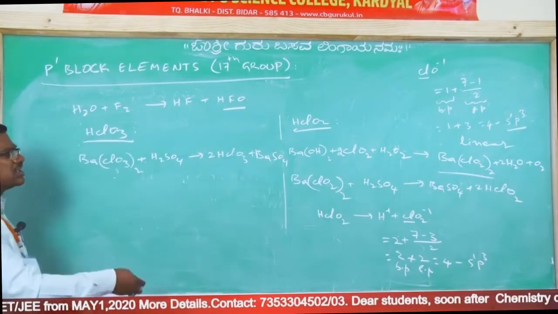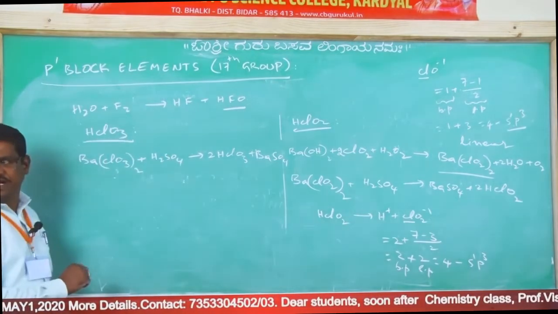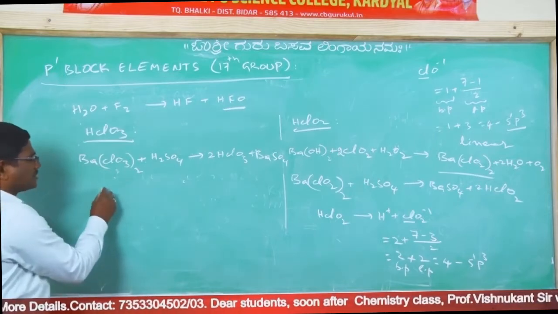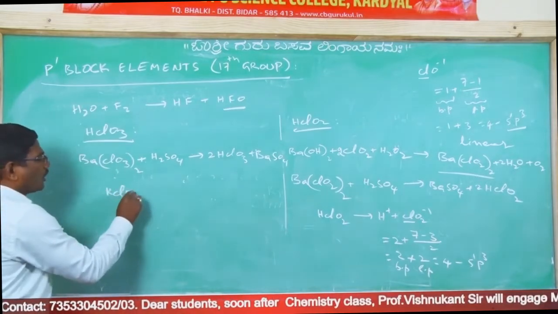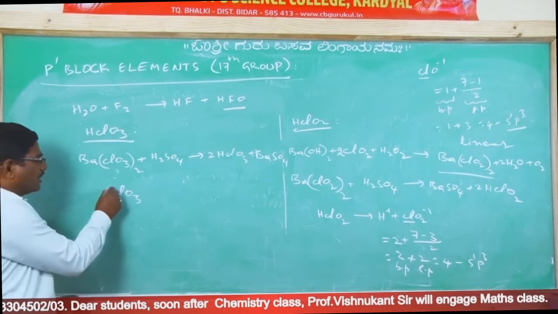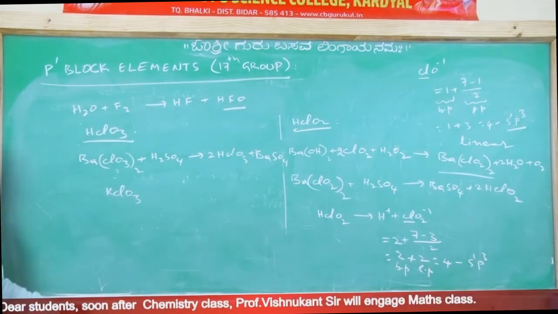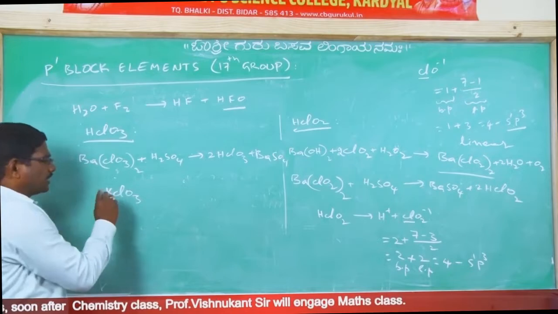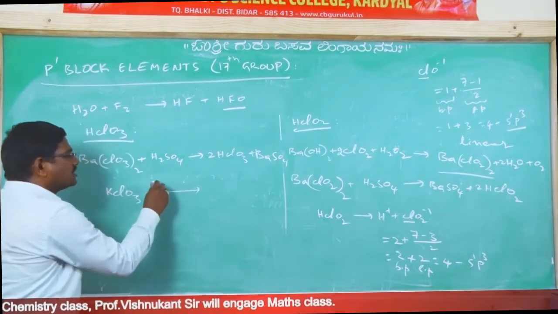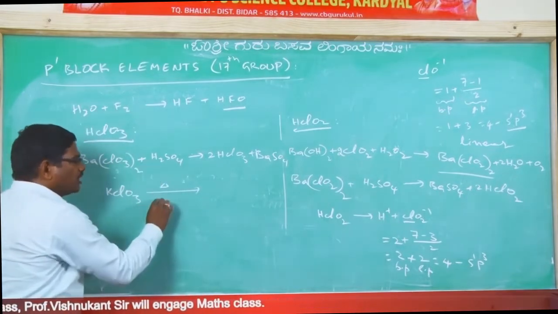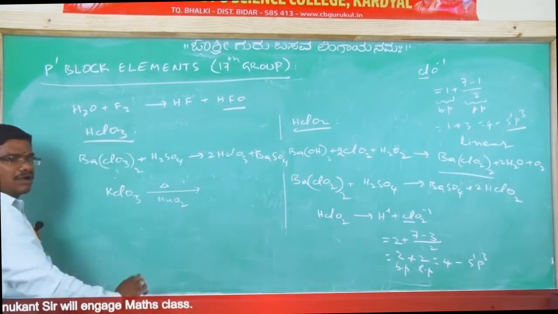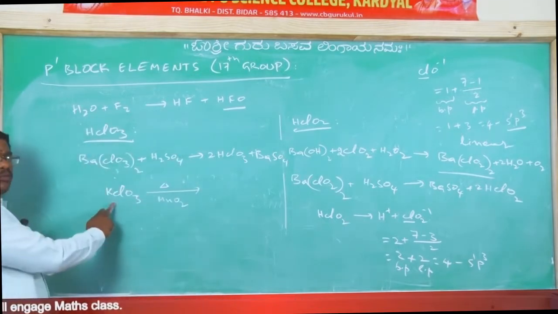Right? So if we consider salts of the chloric acid, suppose potassium chlorate, it is a familiar example. Many times we discussed it by taking an example. On heating in presence of manganese dioxide, it undergoes decomposition.